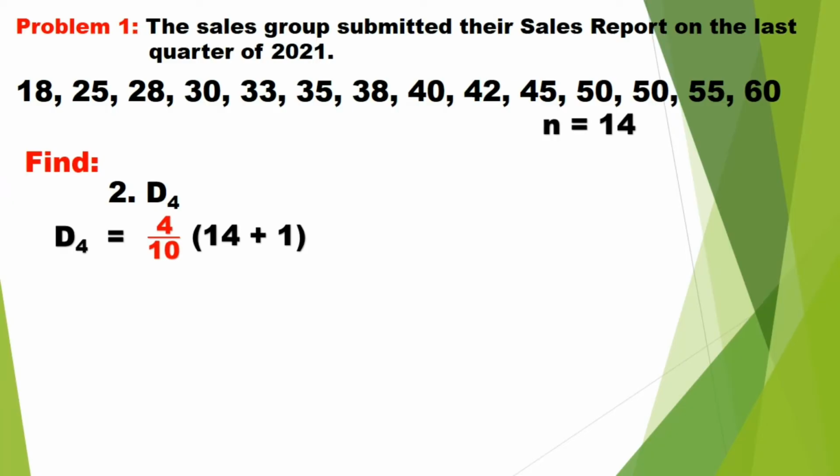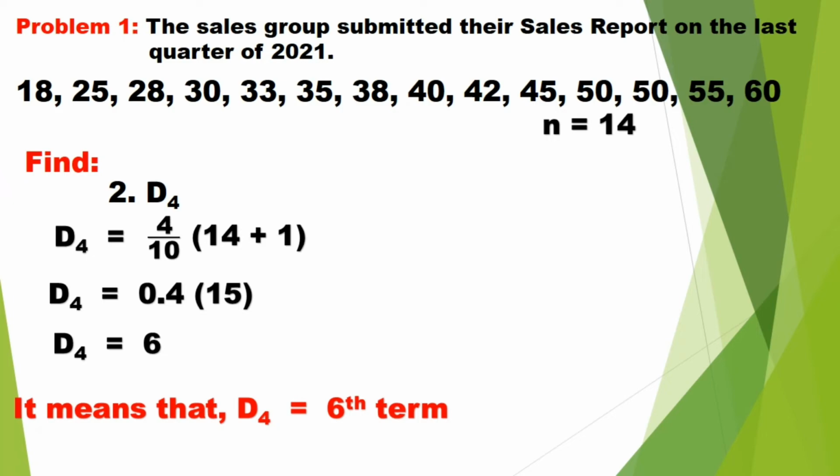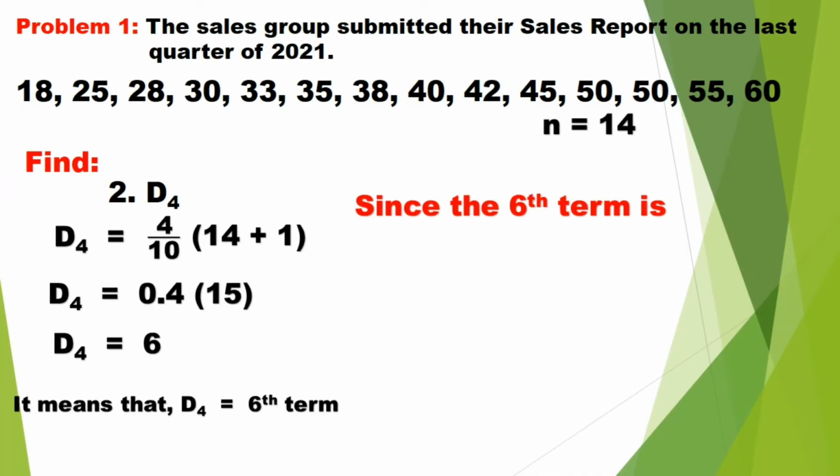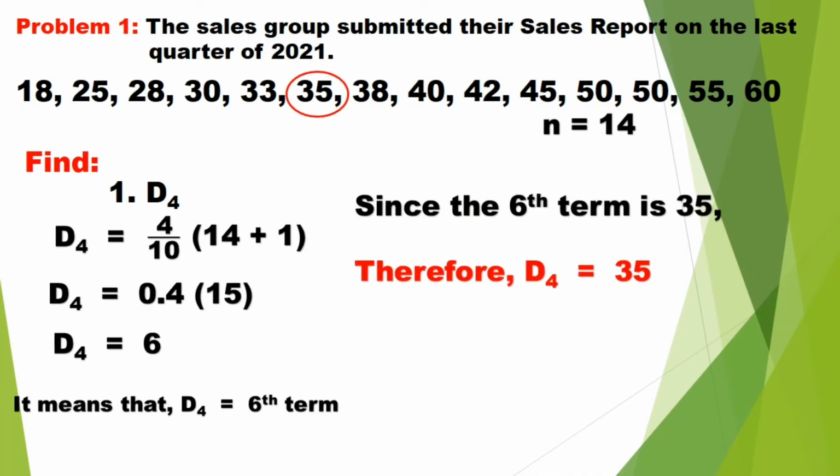The quotient is 0.4. Add inside the parenthesis, 14 plus 1 equals 15. 0.4 times 15 equals 6. It means that the fourth decile is the sixth term. And since the sixth term is 35, therefore, in problem number 2, the fourth decile is 35.